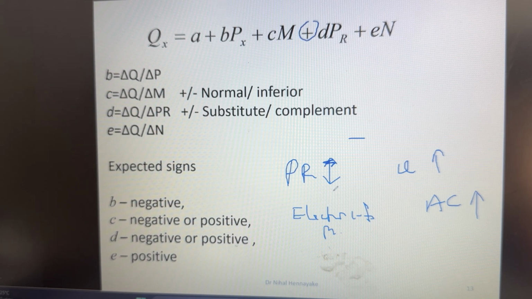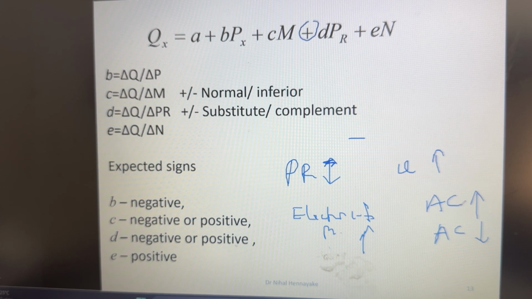If the price of electricity increases, what will happen to the demand for air conditioner? It will come down because it is costly to use. Right? So both variables are changing in the opposite direction. So what is the relationship between these two goods, electricity and air conditioner?